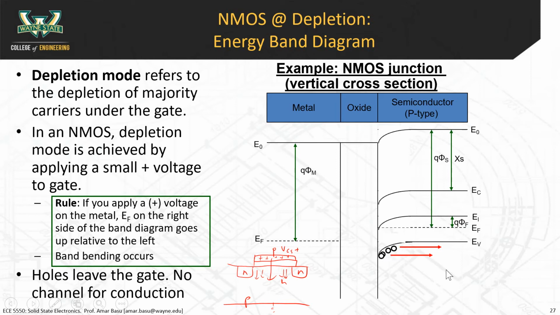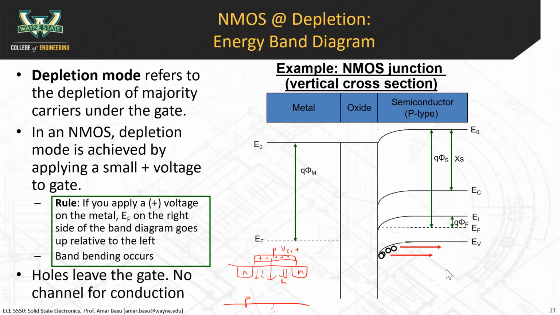Any questions? Question: is this conductive? Is there a conductive channel here between the source and the drain? No. Why is there no conductive channel between the source and drain?